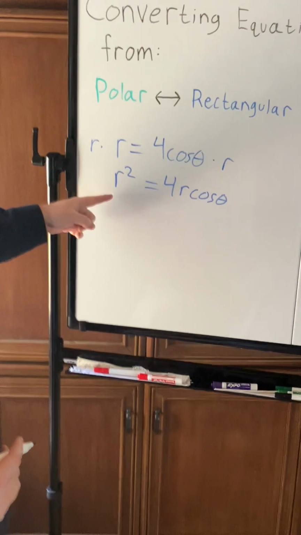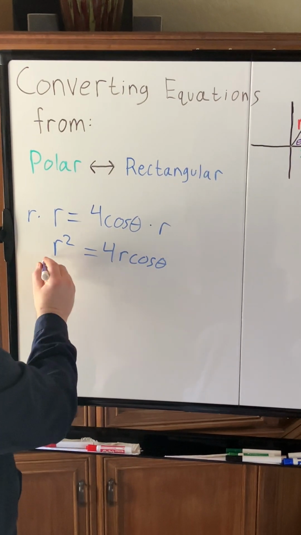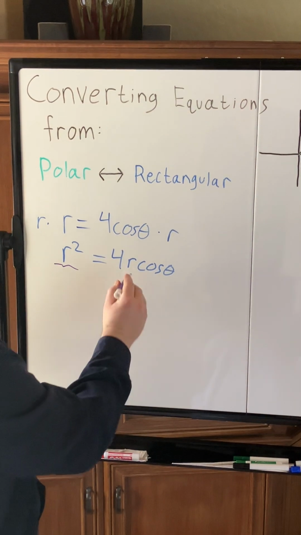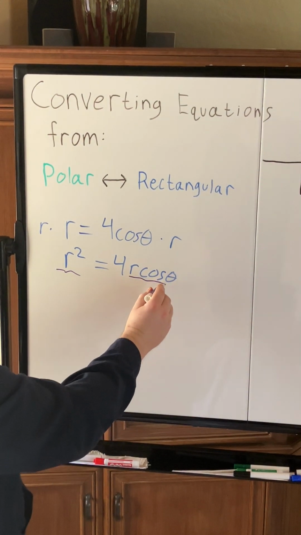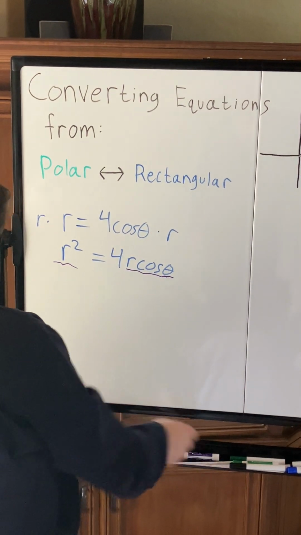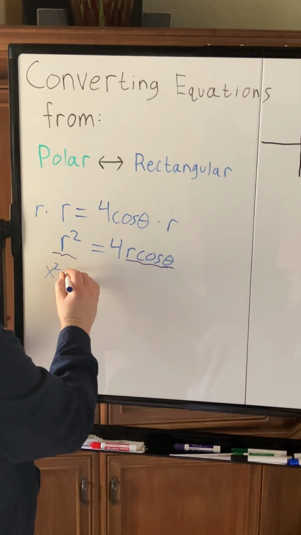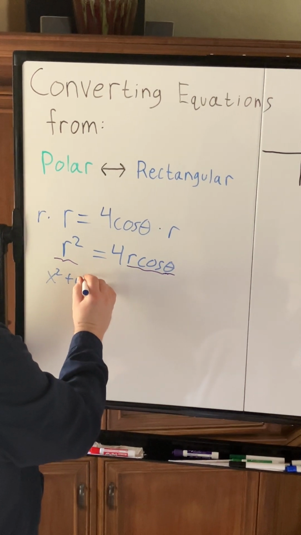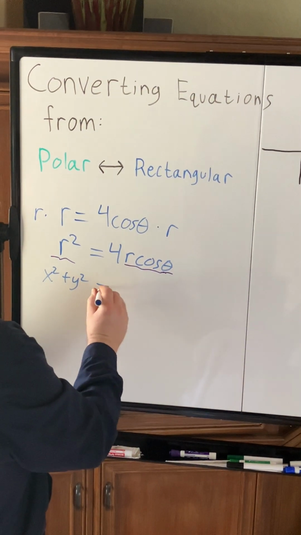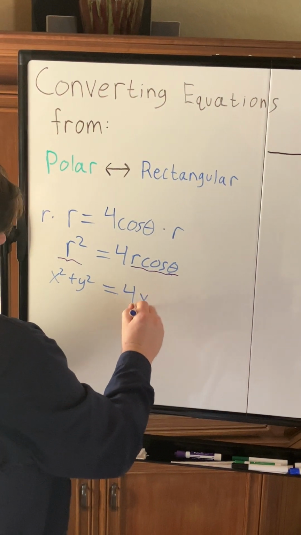Now we should see that we have some substitutions we can make. R squared and r cosine theta. For r squared, we can put in x squared plus y squared. And for r cosine theta, we can simply put in x.